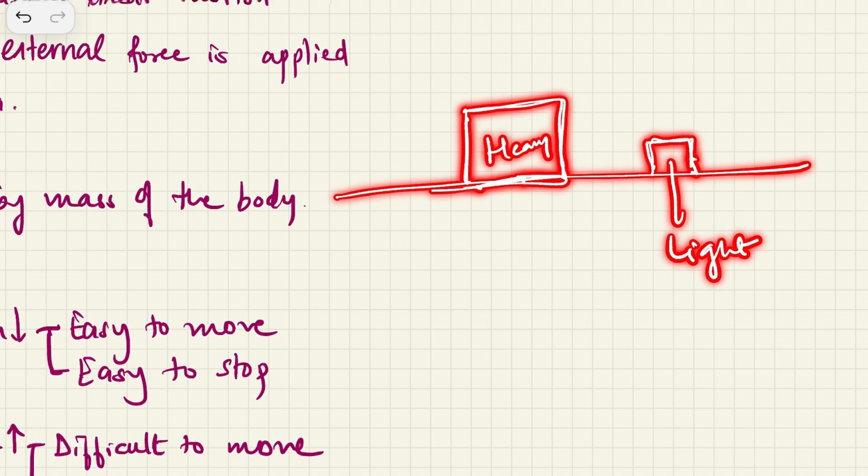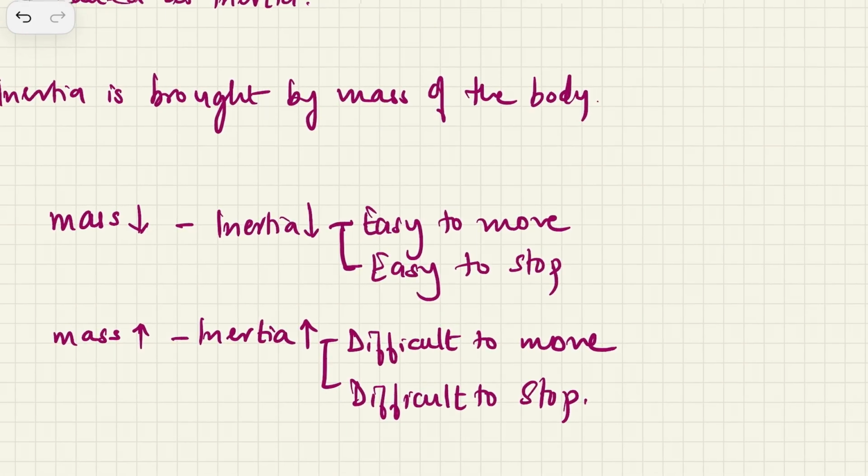Its habit or tendency to remain at rest will be lesser. Now if I pull or push it, you will find that this is easier to move, in the sense that inertia is less because the mass is less. However, this body is heavy, so moving it would be difficult as the mass is more, so inertia would be more.